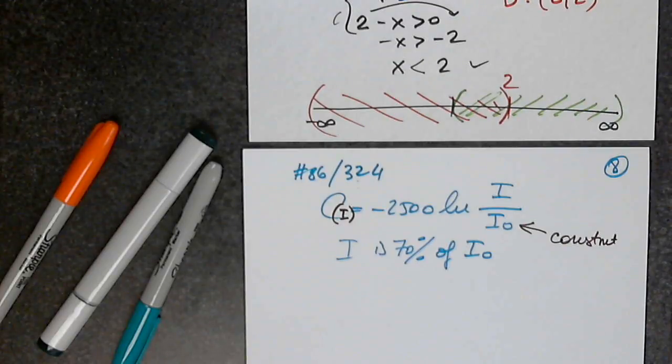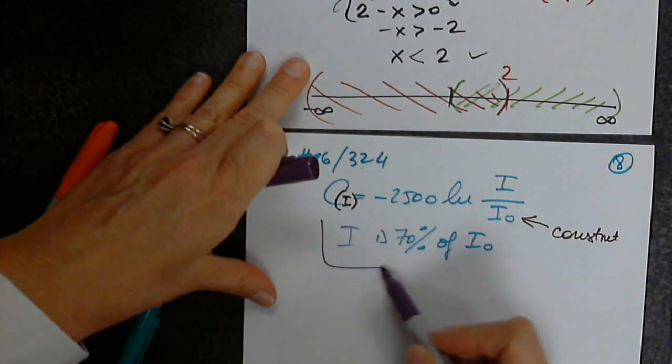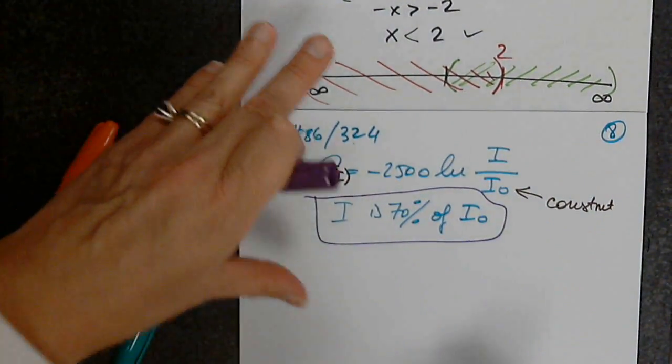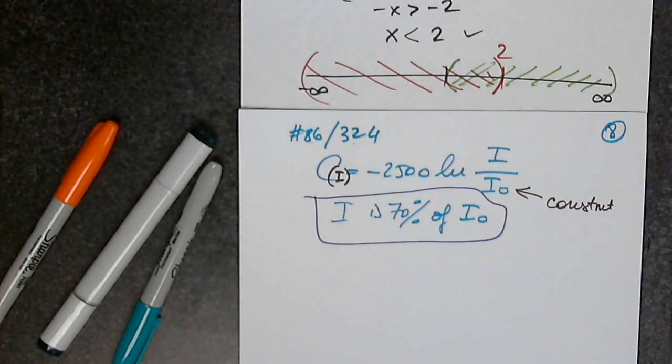So that should be clear. The problem should emphasize that. So I is 70% of I0. I would like a mathematical equation or explanation or something that replaces those words, that statement, in a mathematical way.